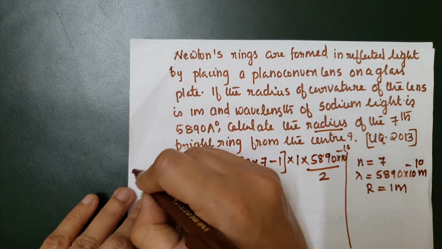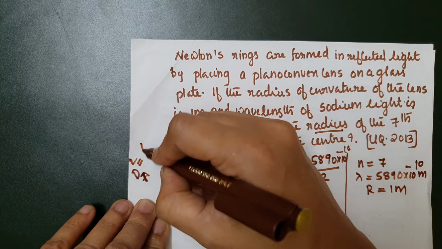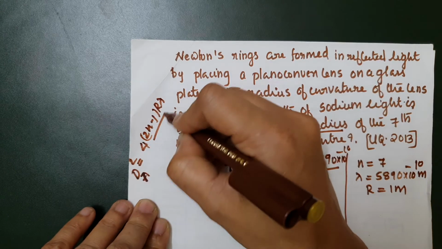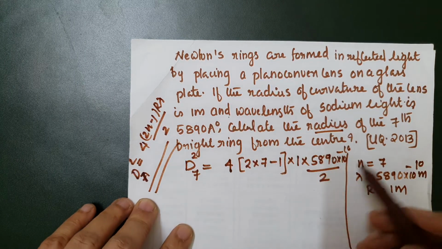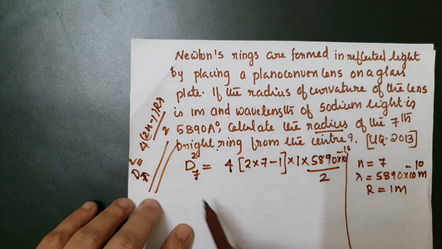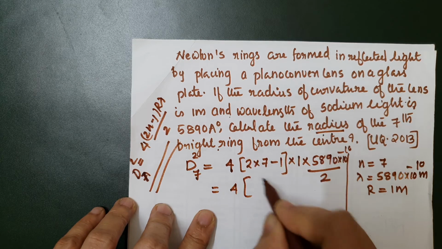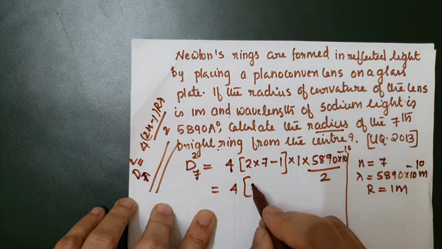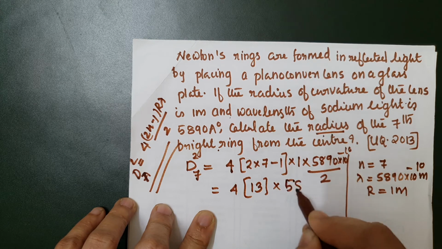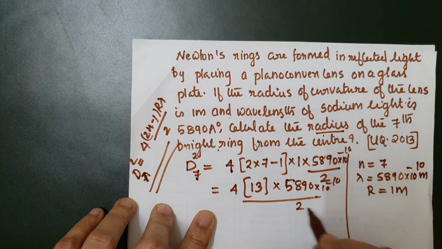In the previous problem we used d square n is equal to 4 into 2n minus 1 into r lambda by 2. This is the equation for the bright ring. Here the radius has to be found out. So d square 7 is 4 into 13 into 1 into 5890 into 10 raised to the minus 10, divided by 2.